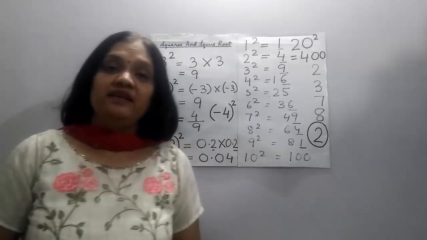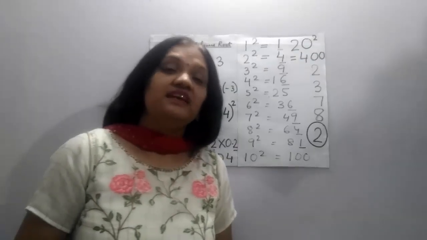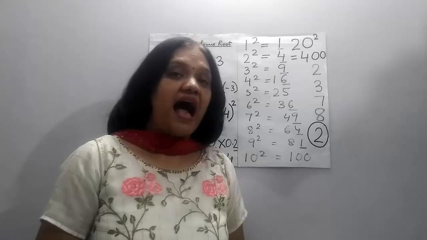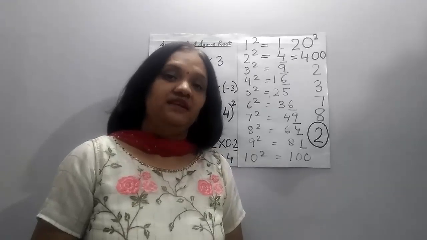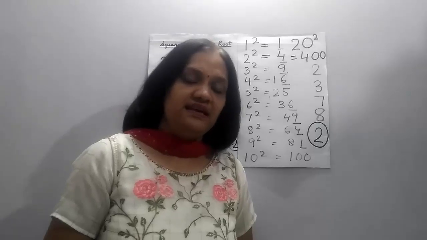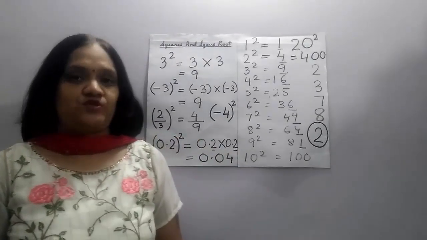Same way, when a number is divided by 4 and the remainder is 2 or 3, then the given number is not a perfect square.